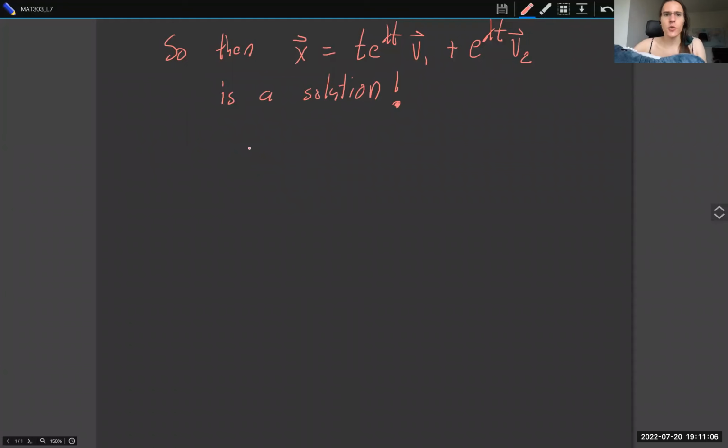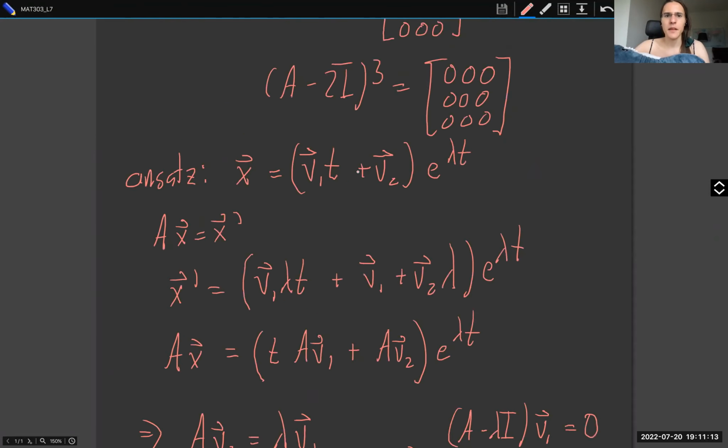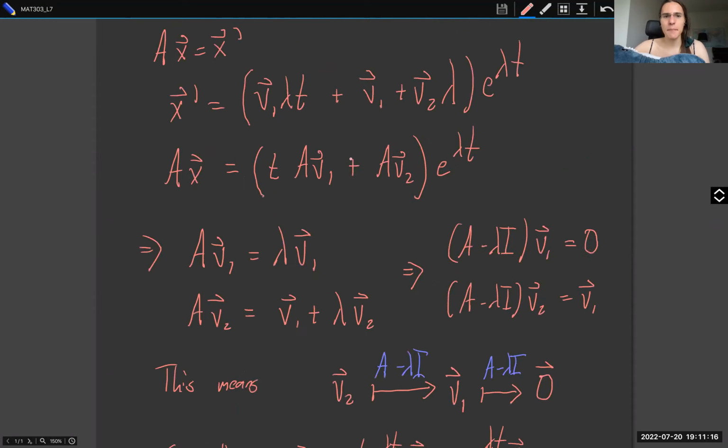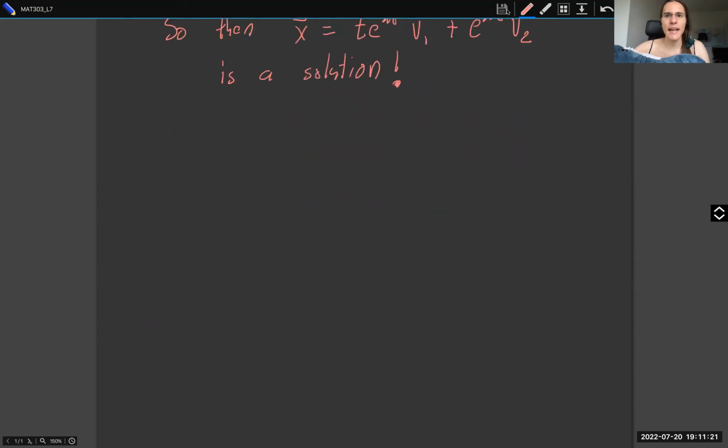Okay. So, right. We had an ansatz, and this ansatz was completely independent from the first ansatz that we took. Well, let's see what happens in the system where A is equal to 2, 1, 0, 2. We had A minus lambda I, 0, 1, 0, 0, and then we were trying to find an element in the kernel.